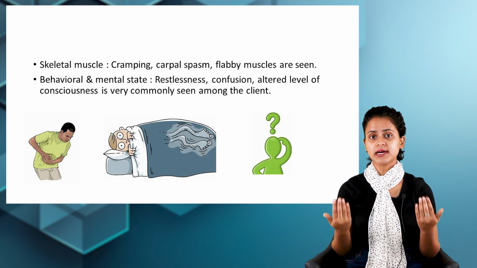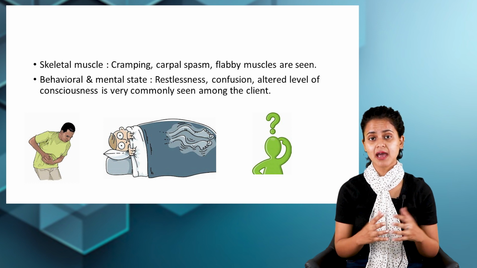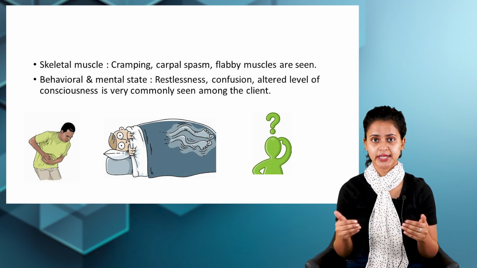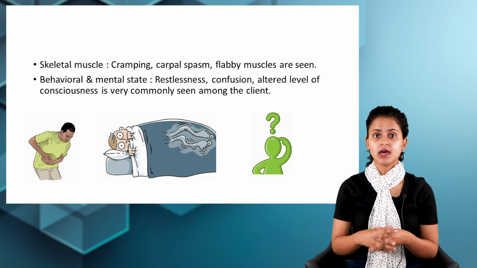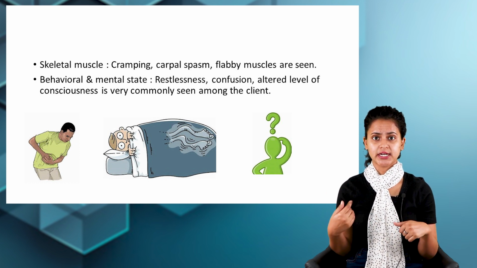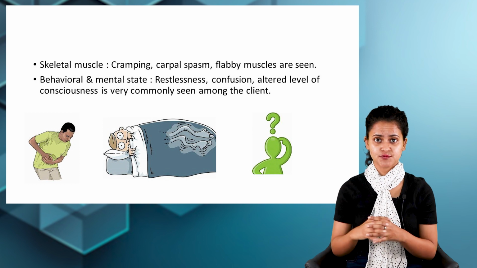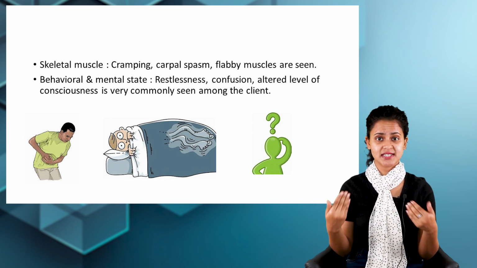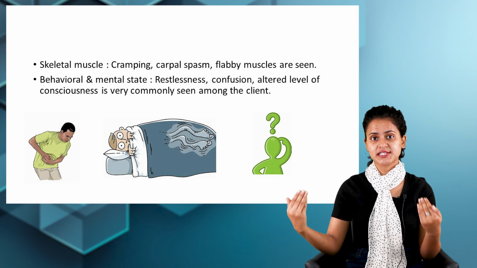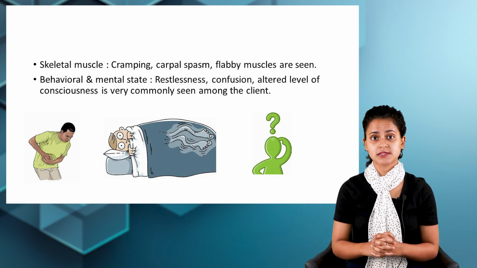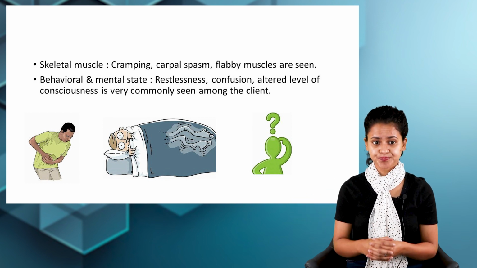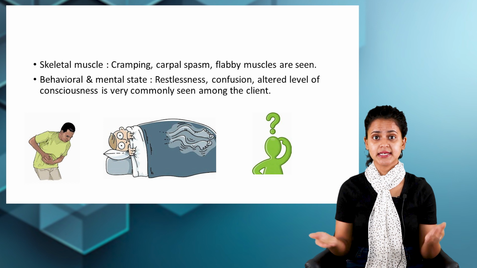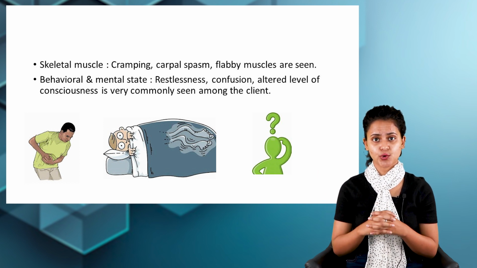Now we will also measure or examine the muscle strength of the client, often with the presence of signs and symptoms indicating fluid electrolyte imbalance. Cramping, carpal spasm, or other signs indicating the client has tetany or some other abnormal muscular contraction and spasm will often indicate a certain type of electrolyte imbalance. We are also going to assess the behavioral and mental state of the client.